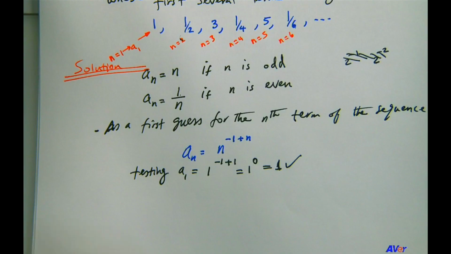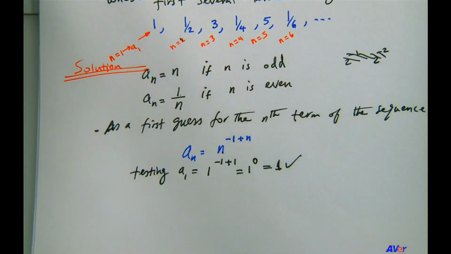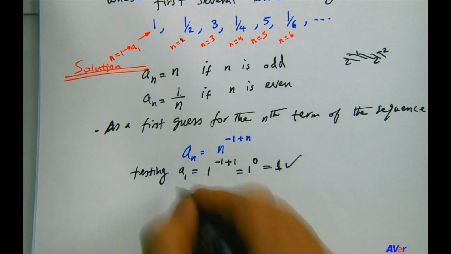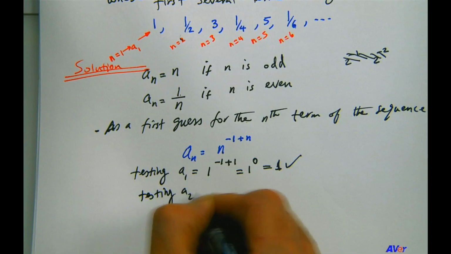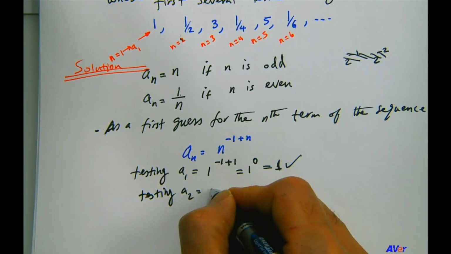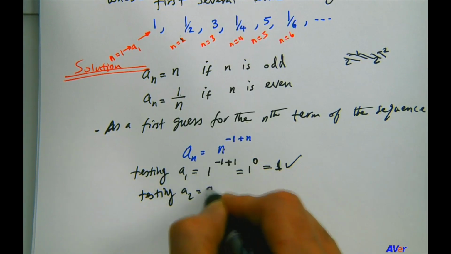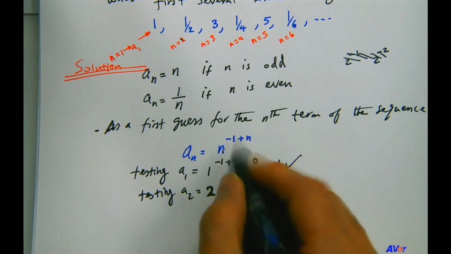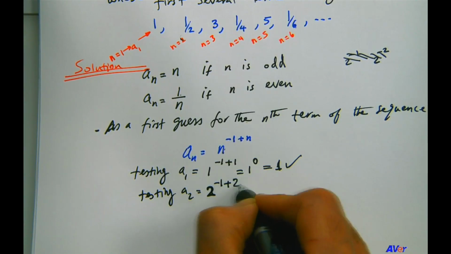Let's see if for the second term we're going to get 1/2. Testing A2: we have 2 raised to negative 1, plus 2.